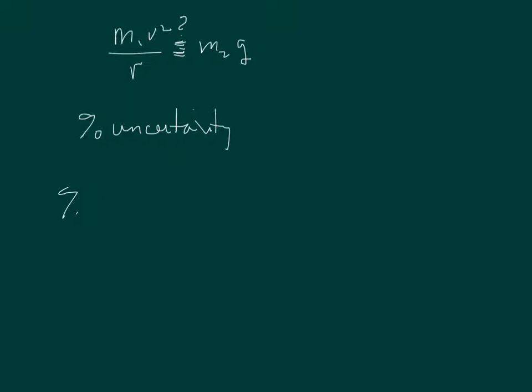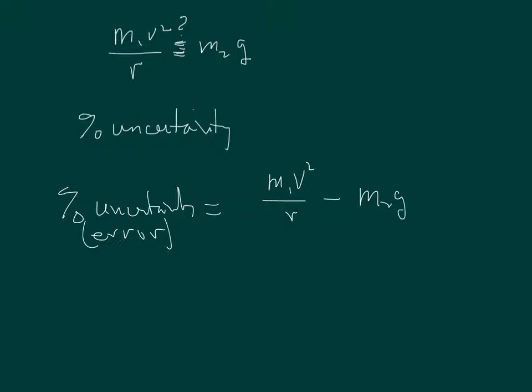So, to calculate the percent error or the percent uncertainty, in this case it's really an error in our measurements, we take the one minus the other, M1 v squared over r minus M2 g, absolute value of that, whatever that difference is, and then we don't really know what truth is because both these were actually measured.